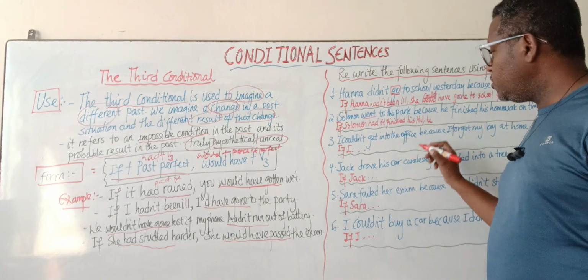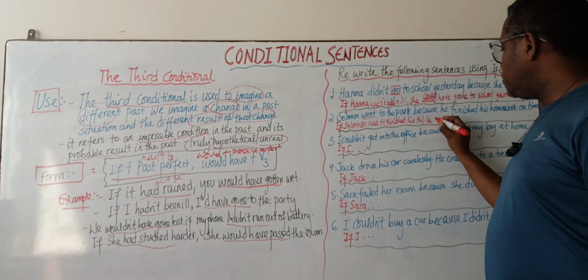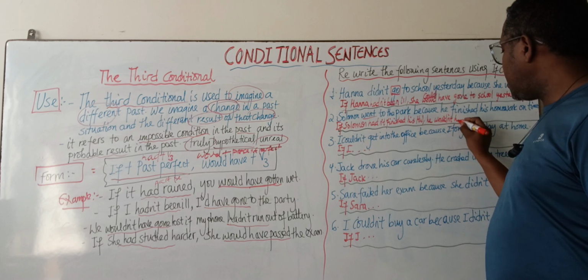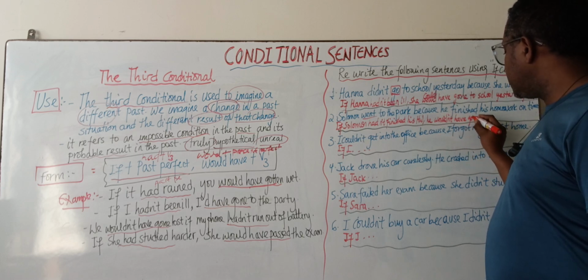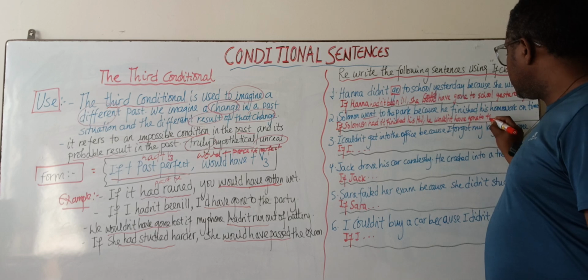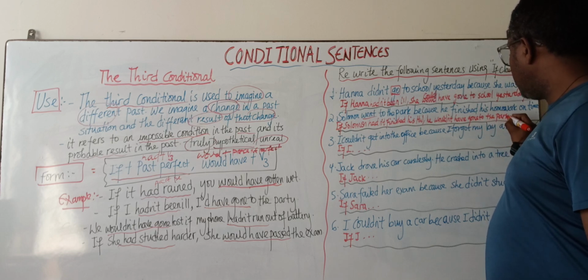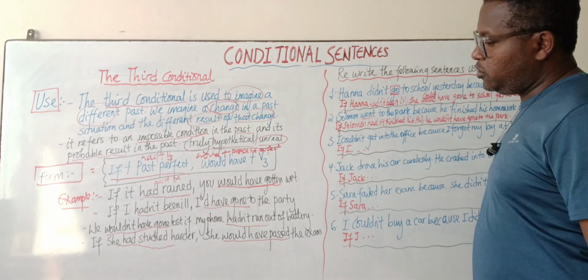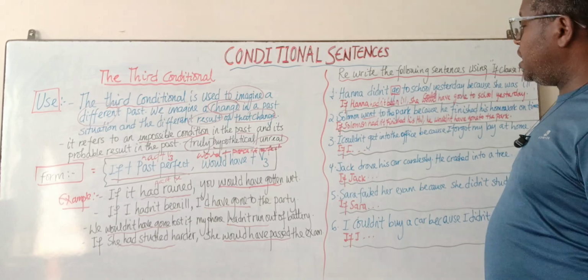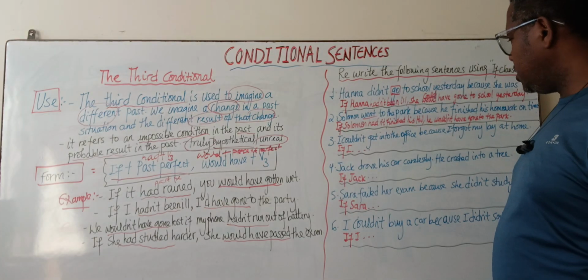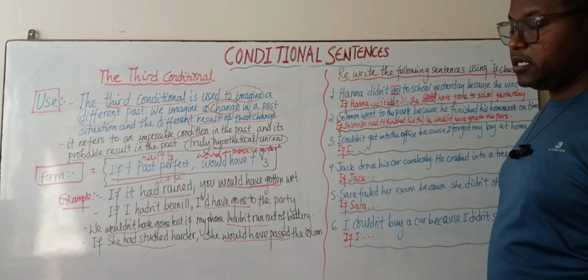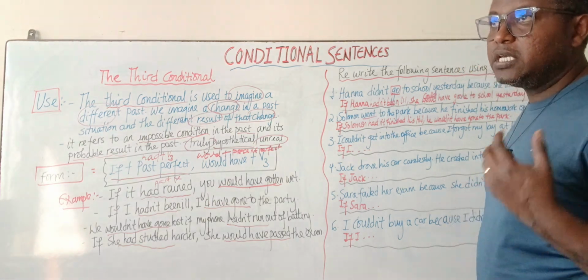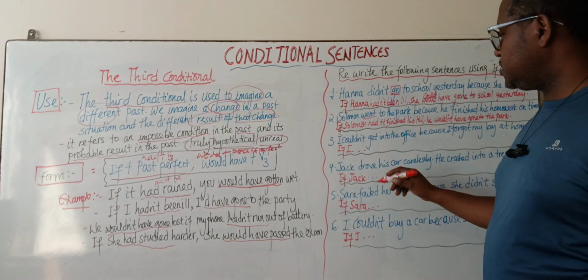So he wouldn't have gone to the park. If Solomon hadn't finished his homework, he wouldn't have gone to the park. The reason why he went to the park was he had finished his homework.